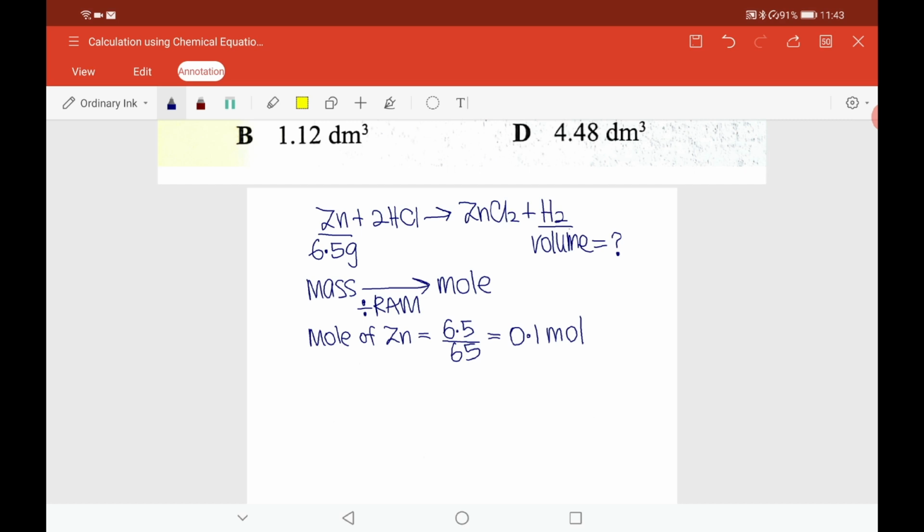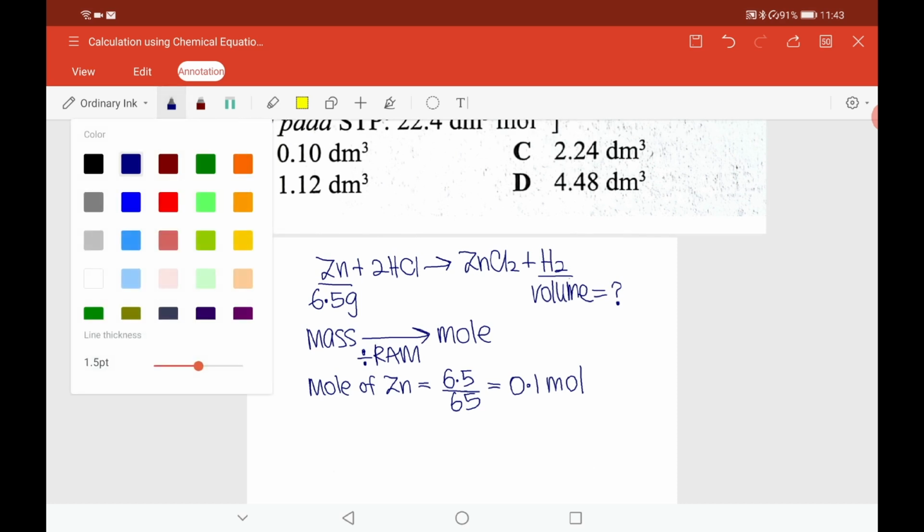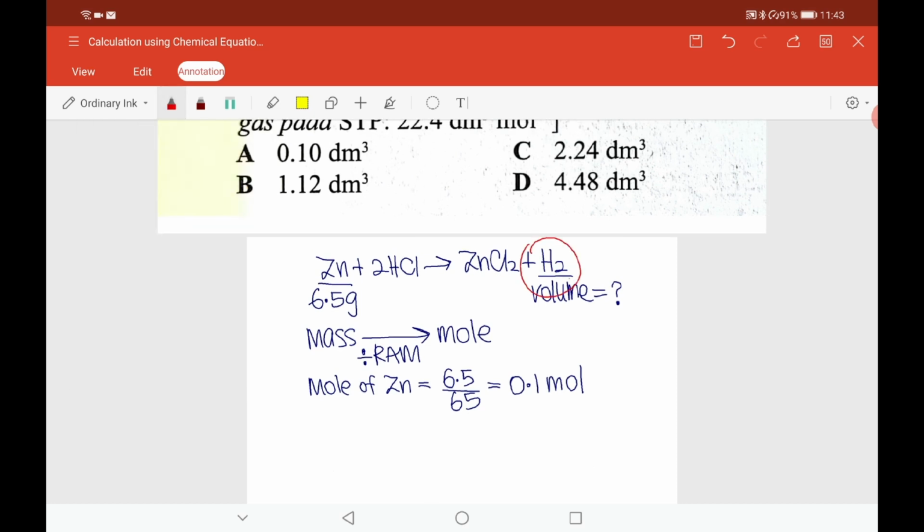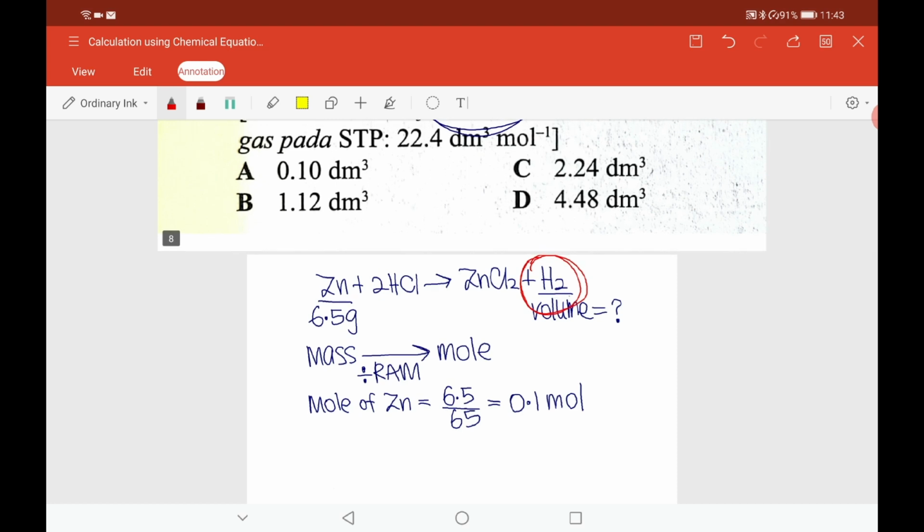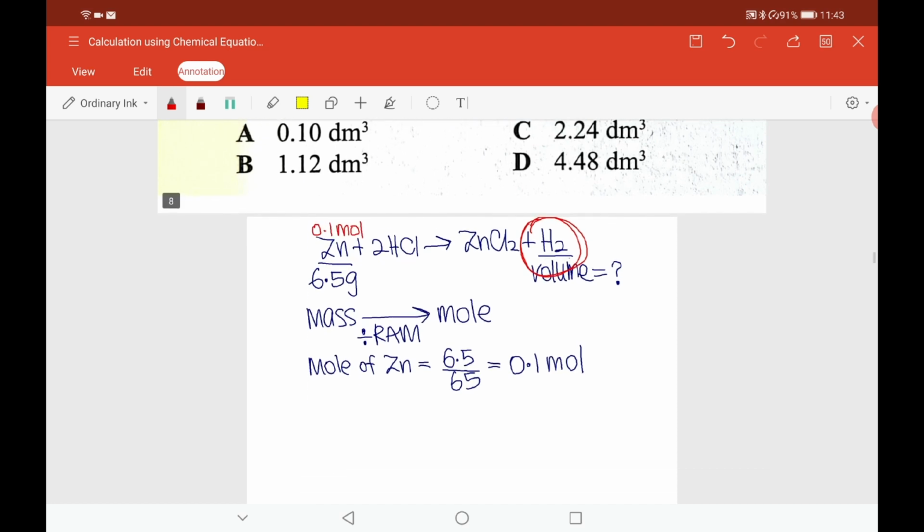Now we need to get the mole of another substance, which is hydrogen, because remember, our main objective is to find hydrogen. When we know the mole of zinc is 0.1 mole, we need to find the mole for the hydrogen first.